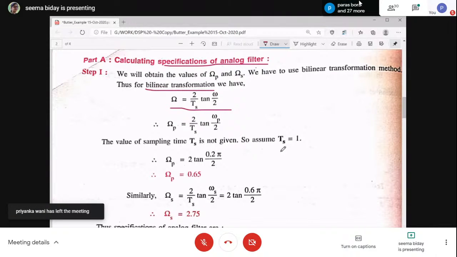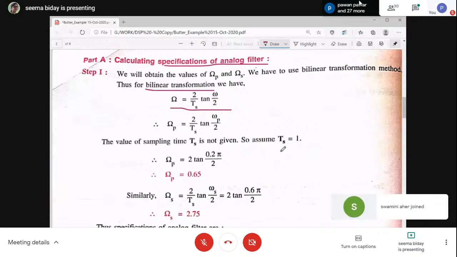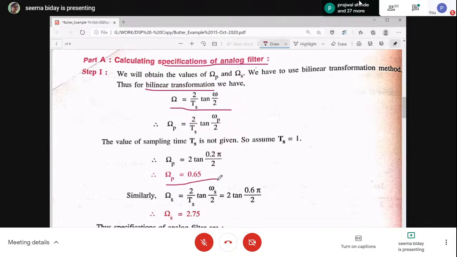I hope so, right? Now in MCQ, they might give you this frequency and ask you to write down omega p by using bilinear transformation. They might give you WP and ask what is omega p. So you should understand whenever bilinear transformation is there, omega equal to 2 by Ts tan of Wp divided by 2.